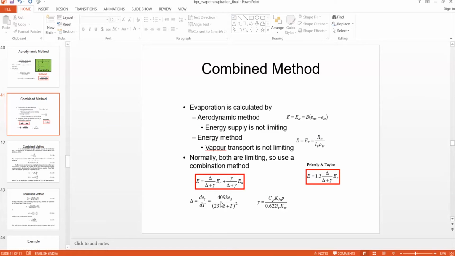which is a combination of the aerodynamic method and the energy method, but it gives certain coefficients for the values calculated using the aerodynamic method and the energy balance method. So you see that E is equal to delta by delta plus gamma times Er plus gamma by delta plus gamma times Ea. Here delta is nothing but the gradient of saturated vapor pressure with temperature, whereas gamma is called the psychrometric constant.